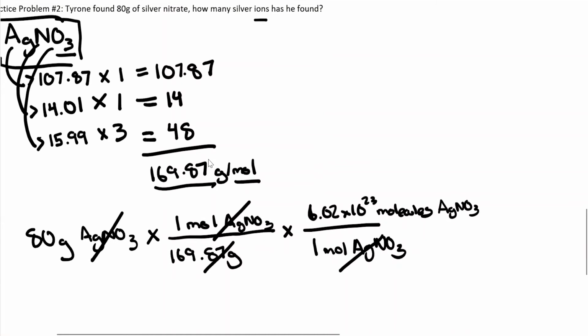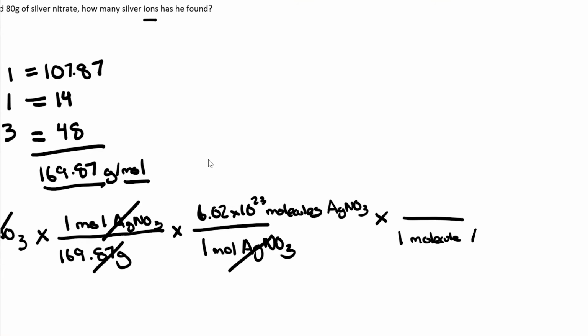It's that for each silver nitrate molecule, there's 1 atom of silver. So we can do a quick relationship here, where 1 molecule of silver nitrate, AgNO3, is going to give you 1 ion of silver.